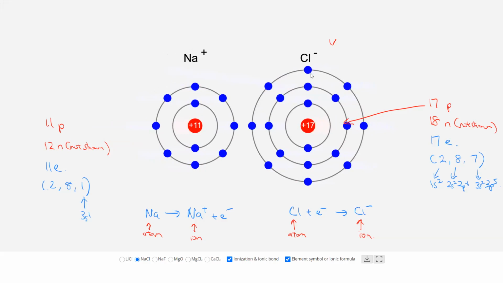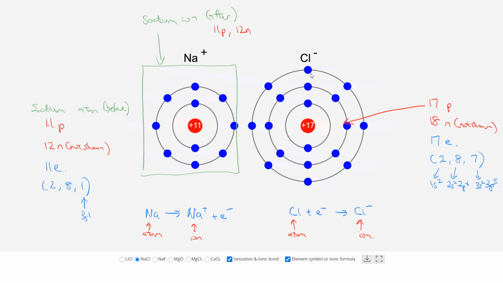Okay. Now pay close attention. This is no longer a sodium atom. This here on the left is a sodium ion. Before it was a sodium atom. But now, looking at after, we have a sodium ion. Because what do you have now? Well, you still have 11 protons. Nothing has changed there. You still have 12 neutrons, perhaps.